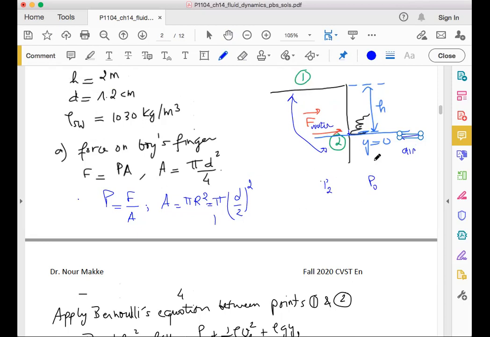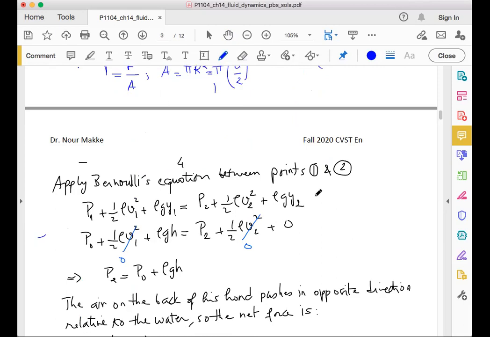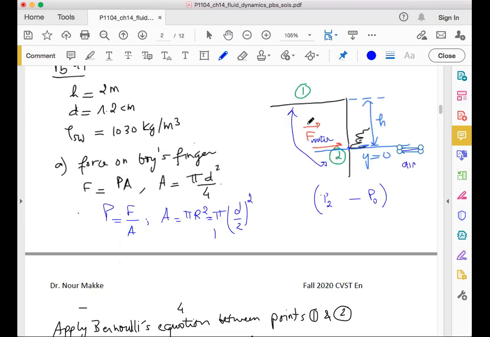So in order to determine the force correctly, you have to take into account that the buoy is experiencing the atmospheric air pressure on the other side, in the opposite direction with respect to the pressure of the water.